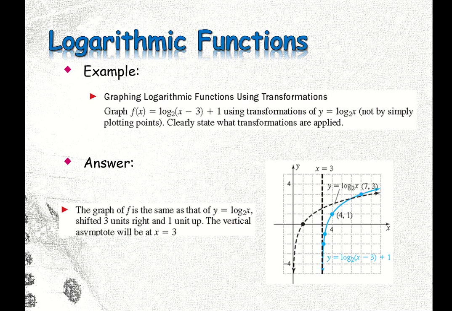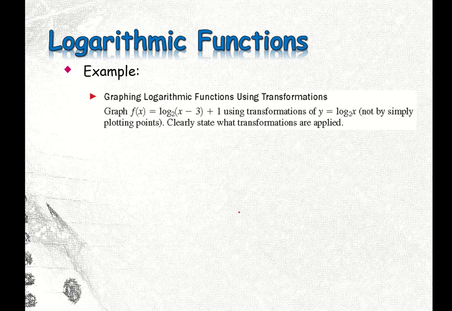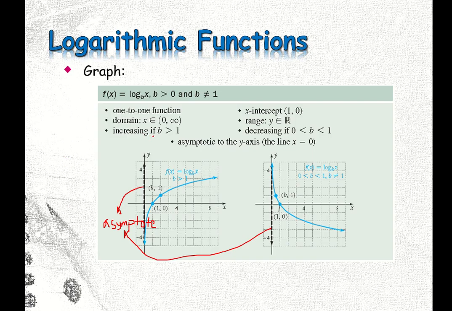So what is b? Okay, so the basic concept here, we have b greater than 1. So it means that the graph will look like this. Because our base is 2, our graph will look like this.